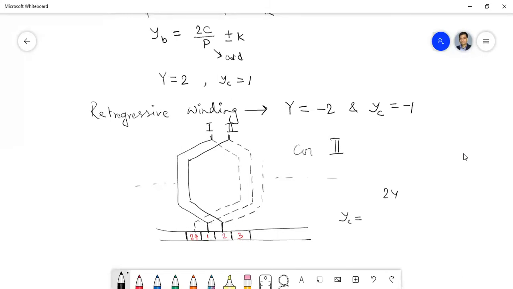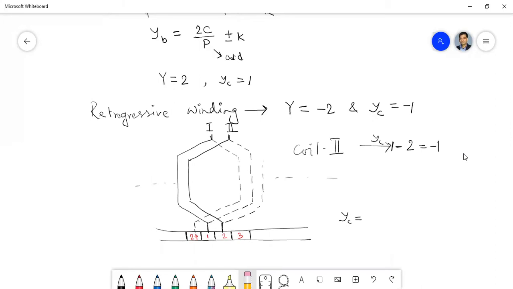So the top end is connected with 2 and the bottom end is connected with 1. So that means the end minus the start, isn't it? Yes, sir. Okay, so I think you have understood now. So as per the definition, YC is -1 here.